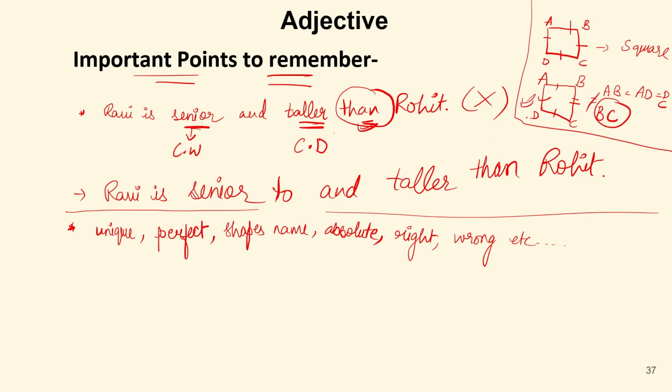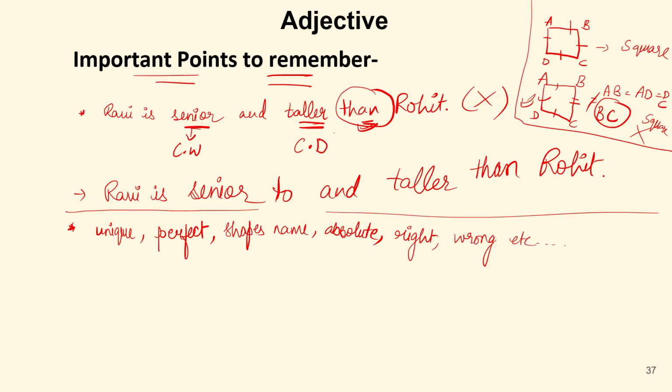Is this a square? No, this is not a square. Why? Because a square can only be if all the sides are equal. It means if merely a single side even is not equal to the others, that is not a square.